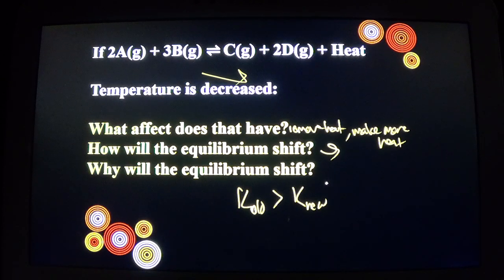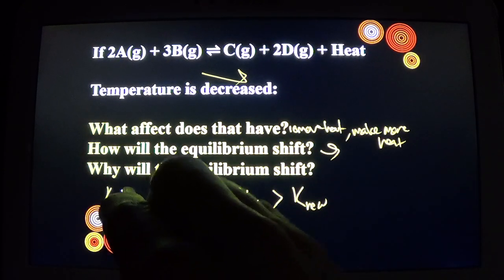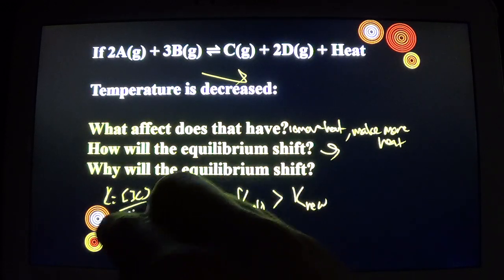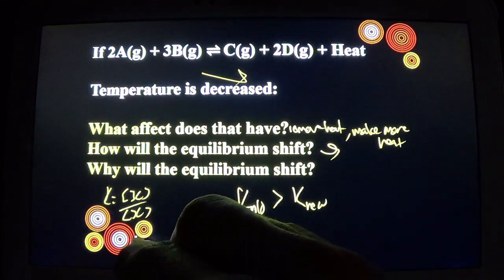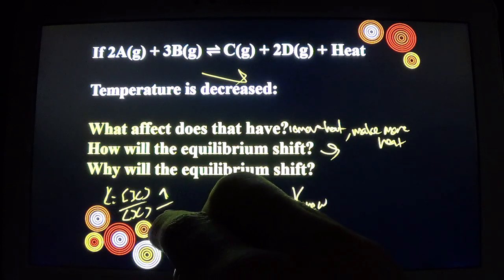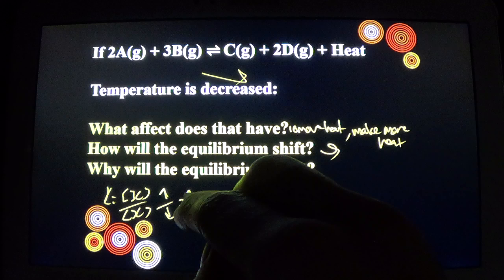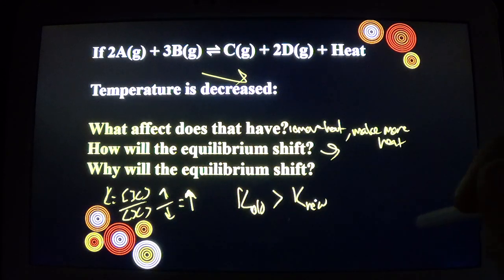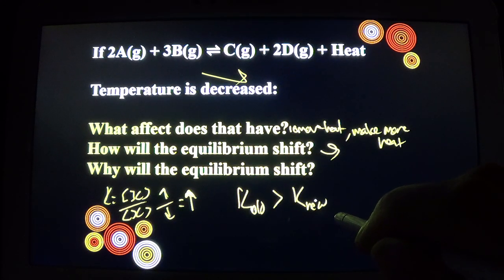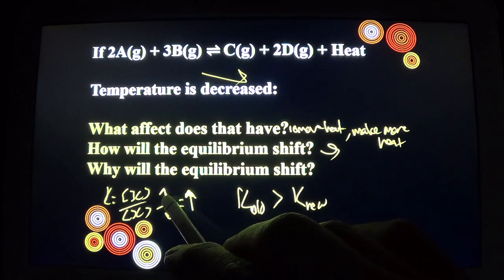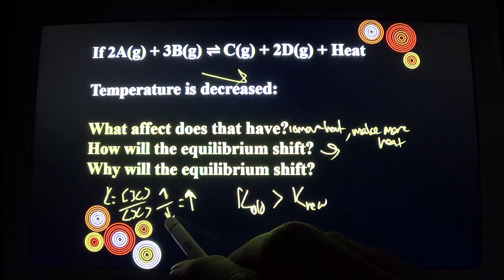And again, if you pull in your doodle, I am making more products using up reactants. This is going to be a bigger number than it was. So K new, did I say that backwards? I'm making more products using up reactants.